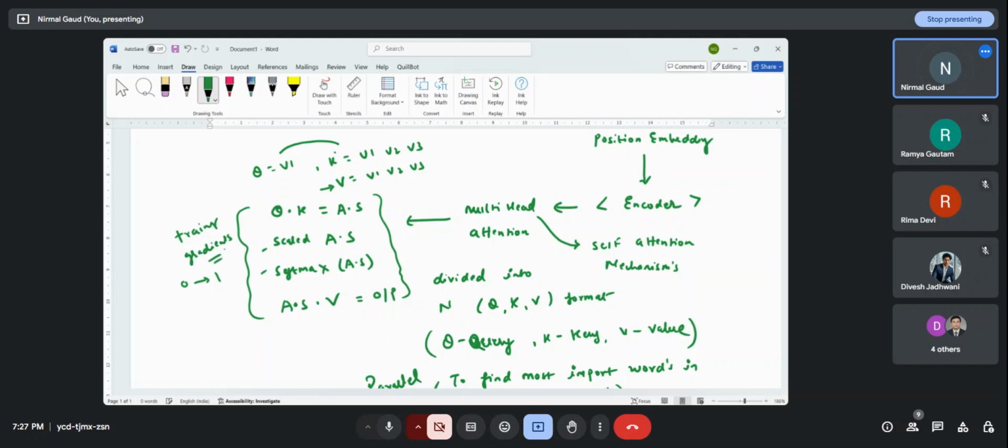So for that reason we have to perform the gradient and all the calculations over scaled data, not unscaled. Softmax is telling you how important a word is, giving the probability of the words which are important.